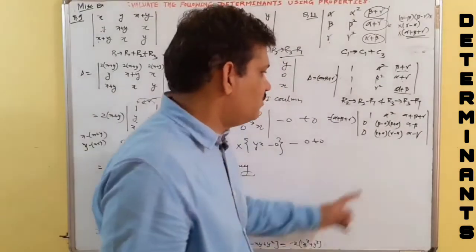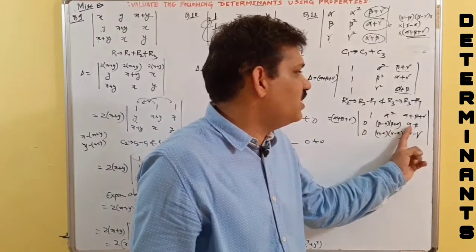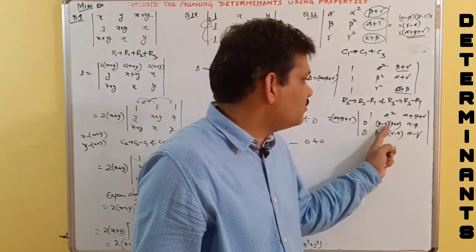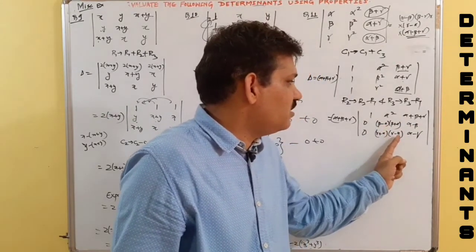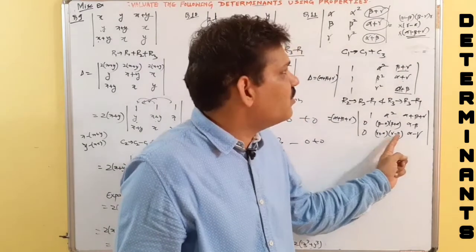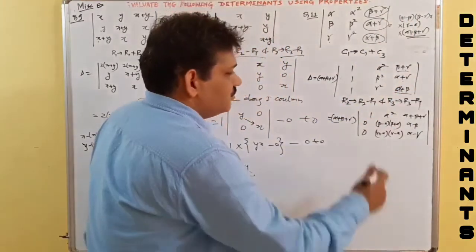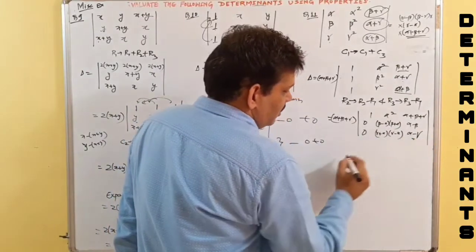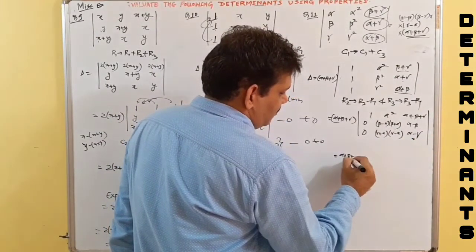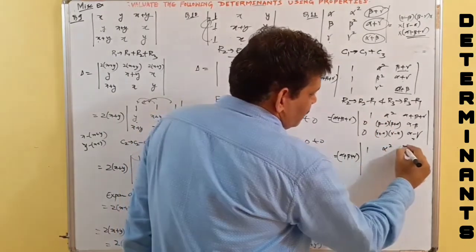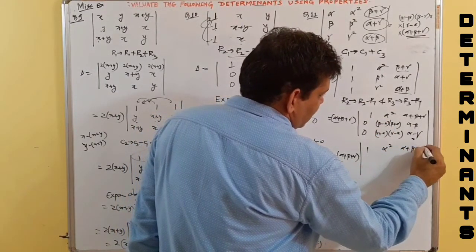So here you can observe, here we are having beta minus alpha, but here we are having alpha minus beta. So we can take a negative sign common so that it gives me alpha minus beta. Here gamma minus alpha is okay because in cyclic order it is alpha minus beta, beta minus gamma, gamma minus alpha. So what we do, we will take a negative sign common. Alpha plus beta plus gamma, 1, alpha square, alpha plus beta plus gamma.